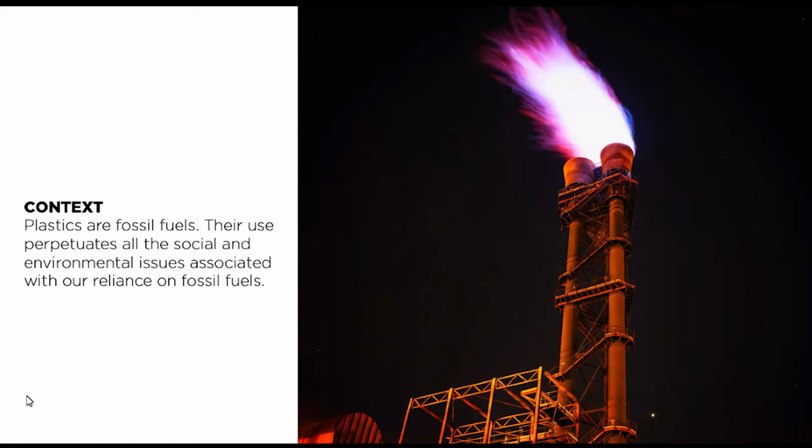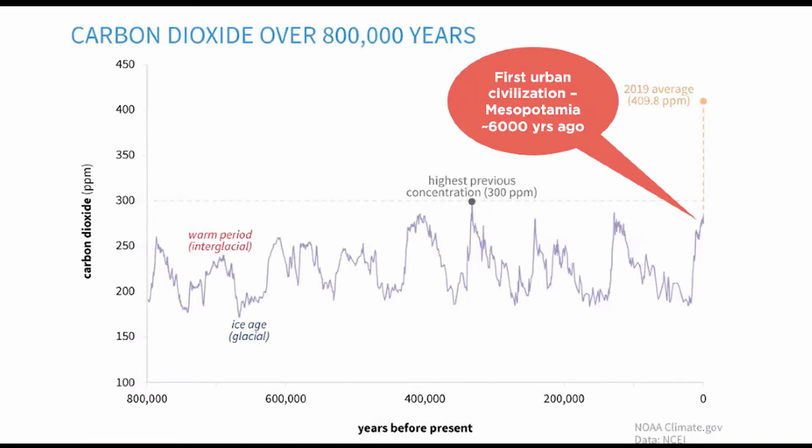Sorry, my slide isn't working. So I want to take us back in time and look at some of the historical trends of carbon dioxide in our atmosphere. Here we can see 800,000 years before present.